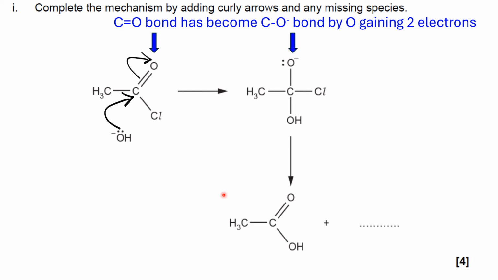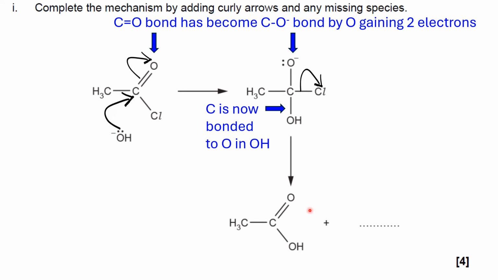Now the next thing to think about is, how do we justify C double bond O becoming C single bond O? Well, we give the oxygen atom two electrons, so the pi bond in the C double bond O breaks. And obviously if the hydroxide ion moves towards this delta positive carbon, it'll create a bond.